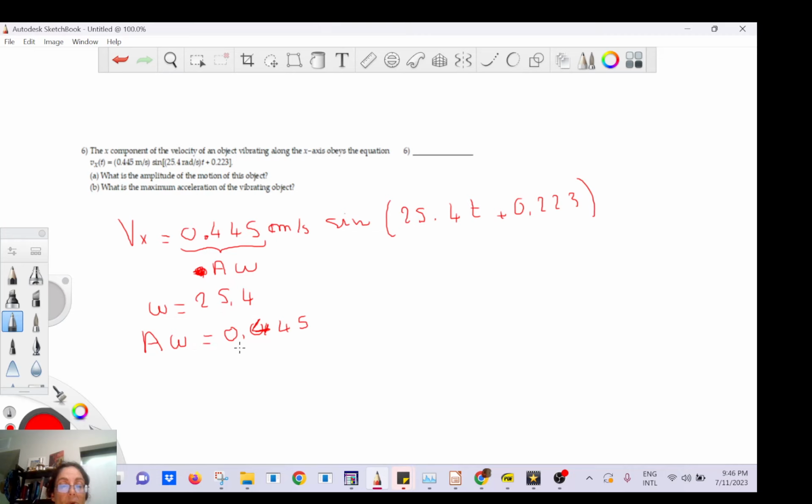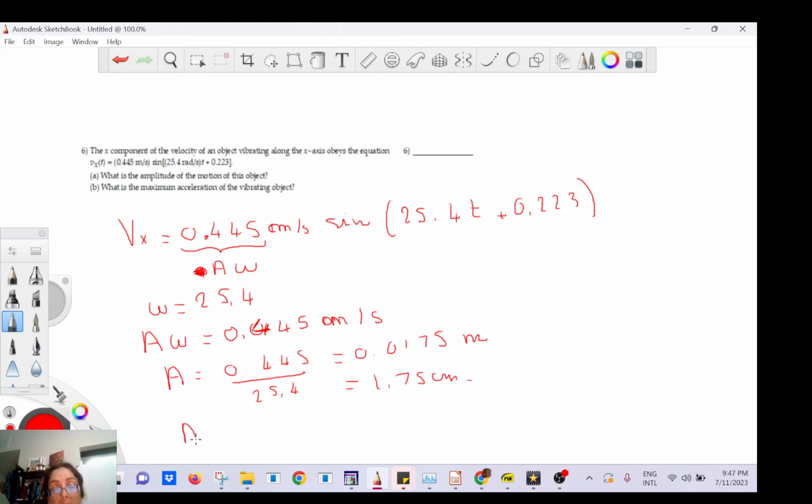So A times omega is that number here. It's not centimeter, it's meter per second. And so we can find the amplitude. So it's going to be 0.445 divided by 25.4. And we get 0.0175 meters, which is 1.75 centimeter.